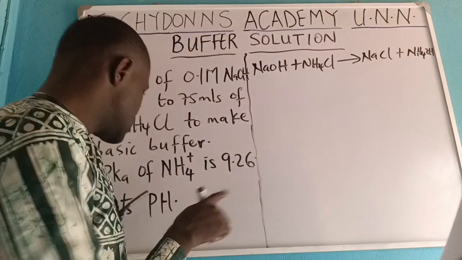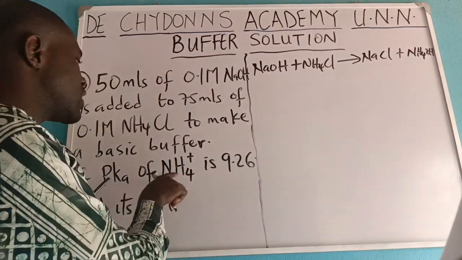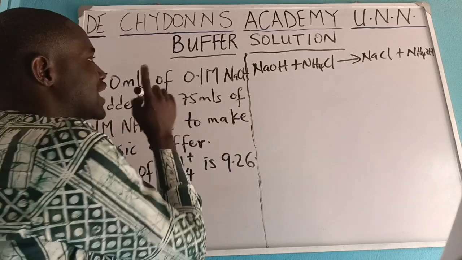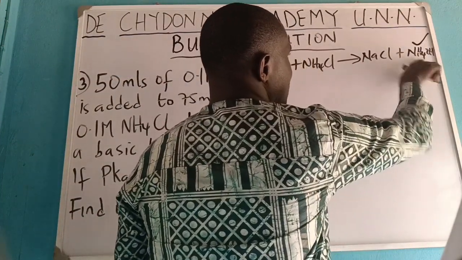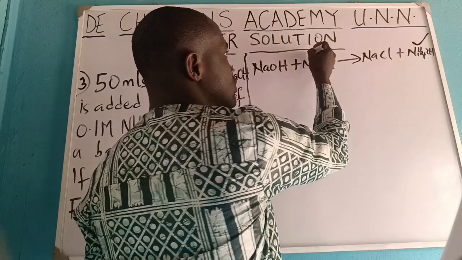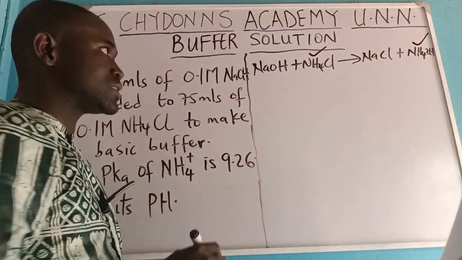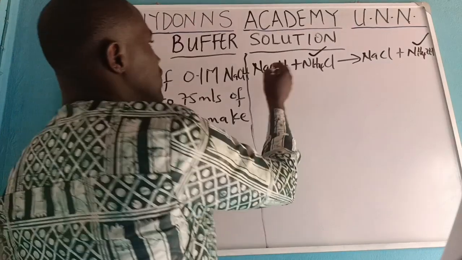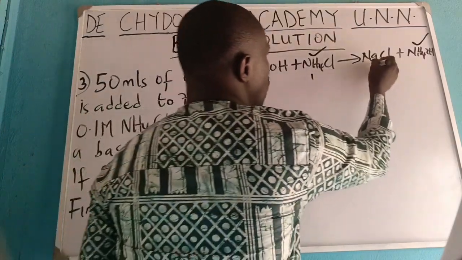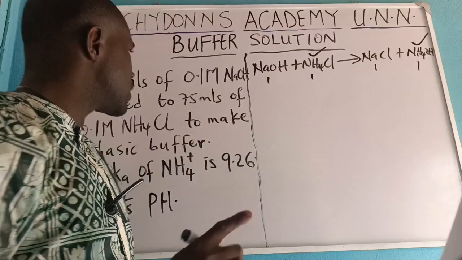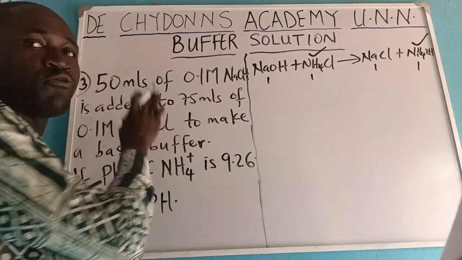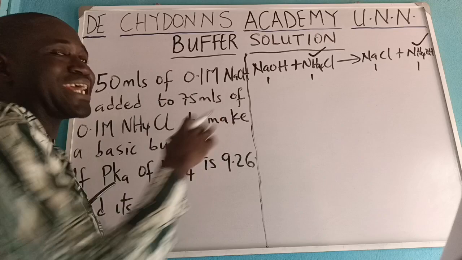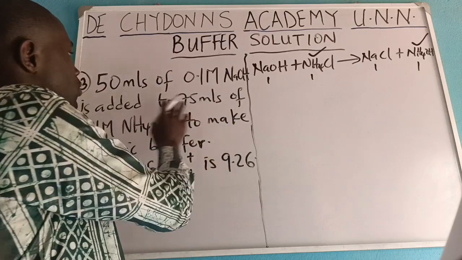Now, because the pKa given is for ammonium, it means that this buffer contains a base and its salt, that is the conjugate acid of it. And so, this goes by 1:1:1:1, so to speak.